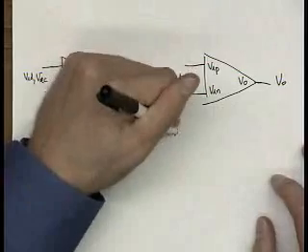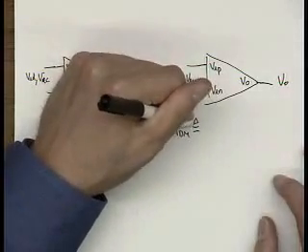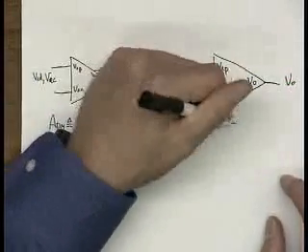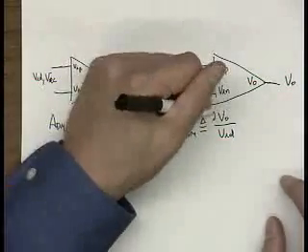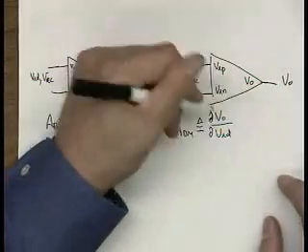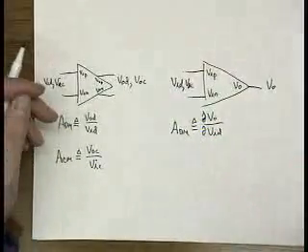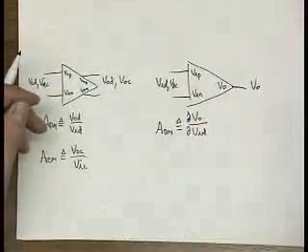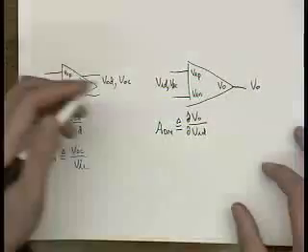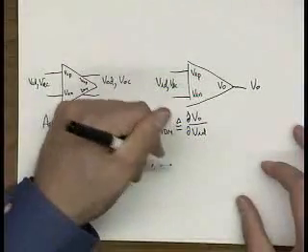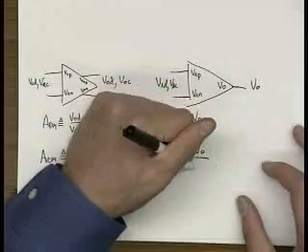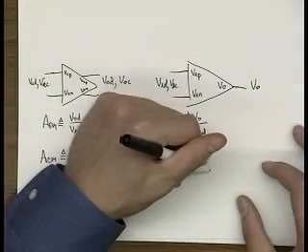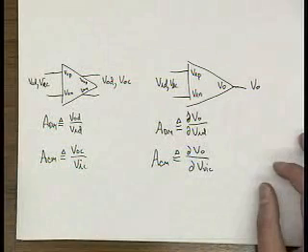So here, the gain is defined as dVout over dVID, and it's really the partial derivative of Vout. It's the gain. It's that slope, the change in output voltage for a small change in input voltage. And the common mode gain is defined as dVout over dVIC. Okay.